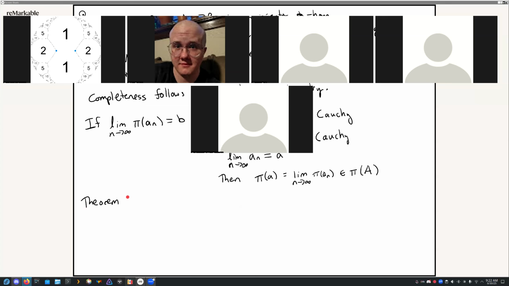So this is theorem 4.11. It says that if you have a C-star algebra and some ideal, where my convention for when I just say ideal is that it's closed and two-sided, then the quotient of A by the ideal is a C-star algebra.